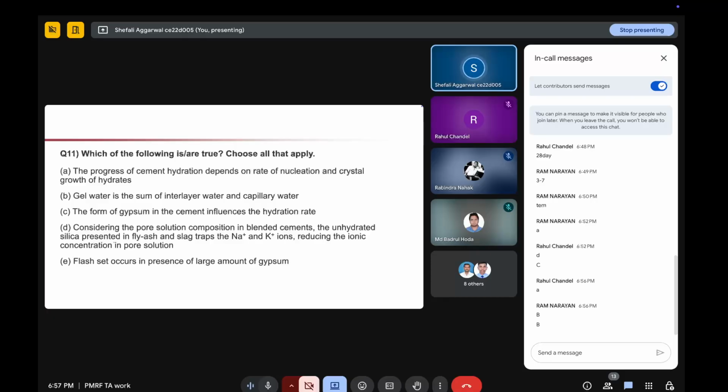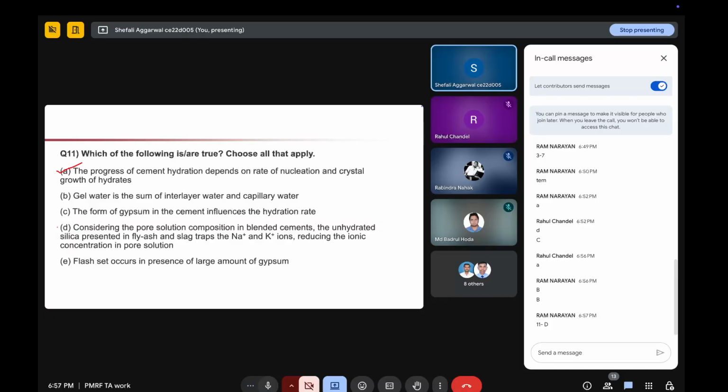So a few of the things, like the different types of water, you might not have studied as of now. So if we talk about option A, the progress of cement hydration depends on the rate of nucleation and crystal growth of hydrates. That is a correct option, right? D you are telling is correct.